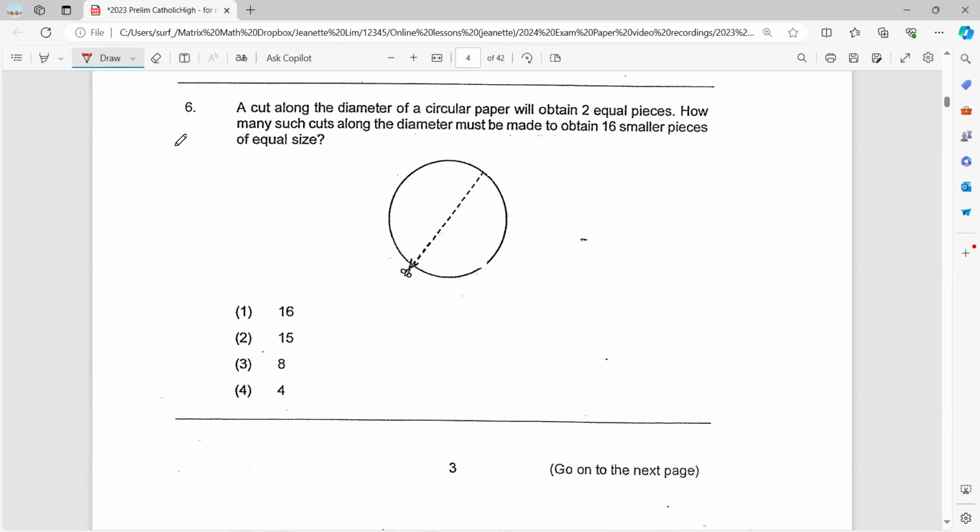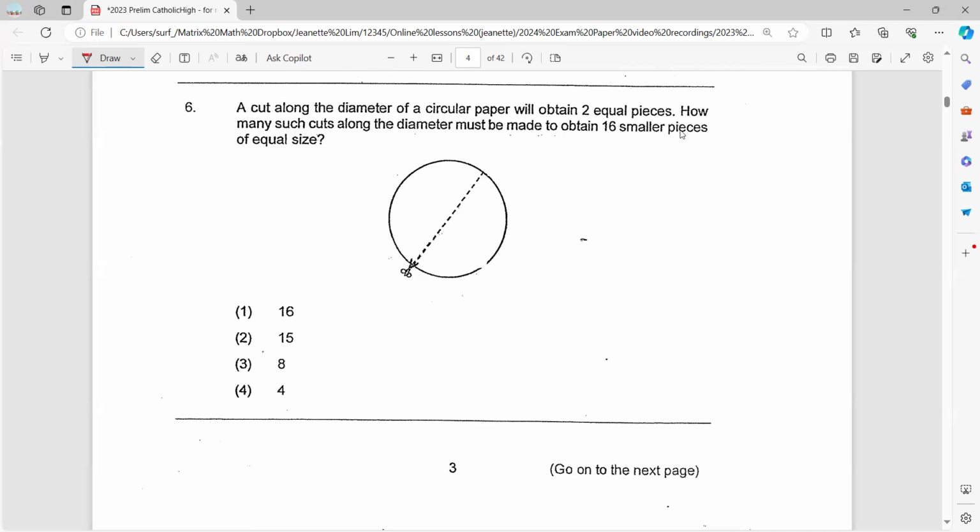Question 6. A cut along a diameter of a circular paper will obtain 2 equal pieces. How many such cuts along the diameter must be made to obtain 16 smaller pieces of equal size? Now let's try and find what is the number of pieces we get when we add 1 more cut.